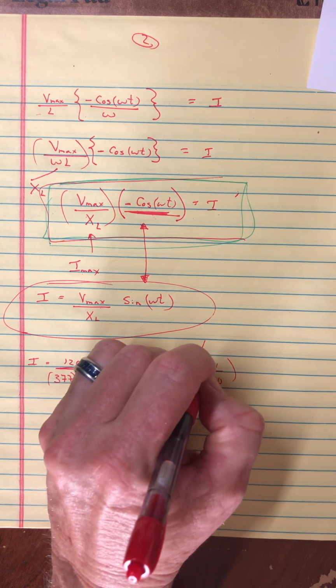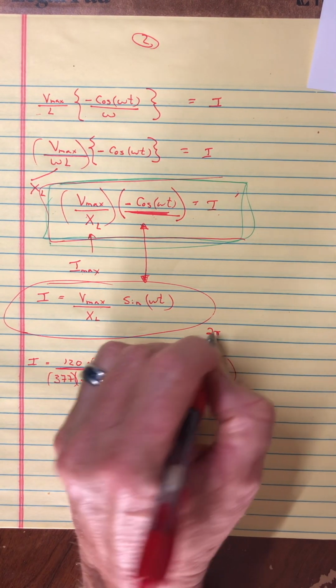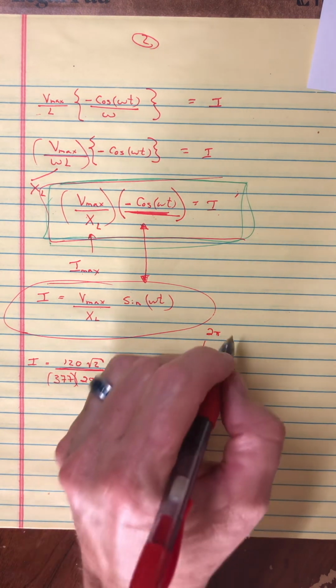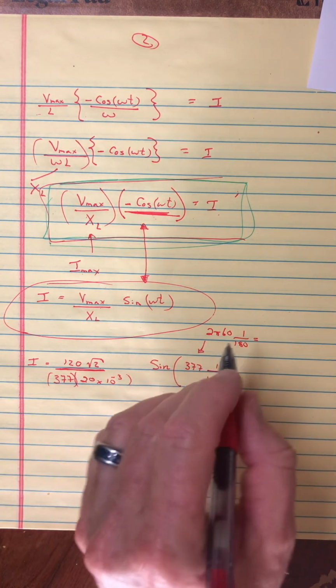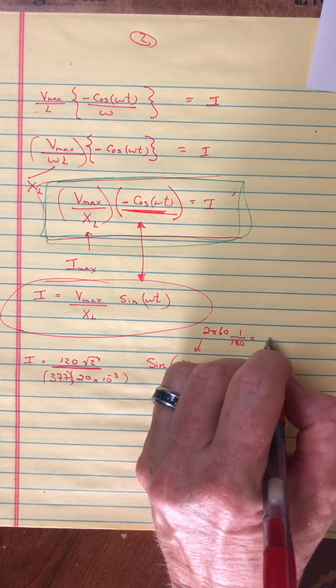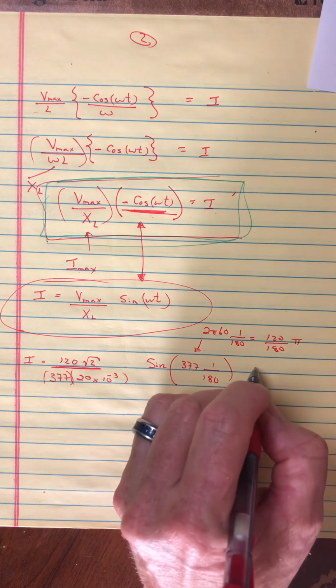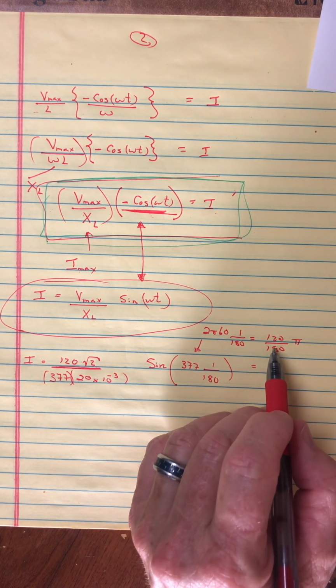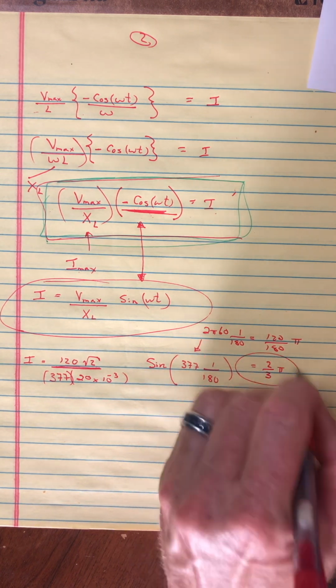In fact, since we're using radians, this might be nice to actually leave as 2 pi times 60 over 180. So that it becomes then 120 over 180 pi. And then dividing by 60, this is 2/3 of a pi.